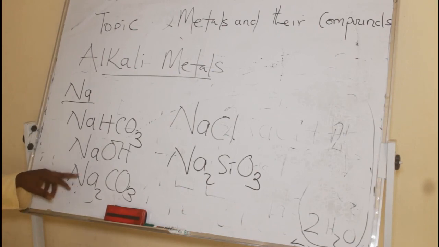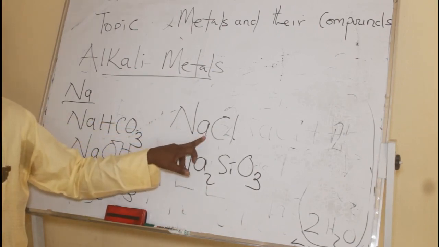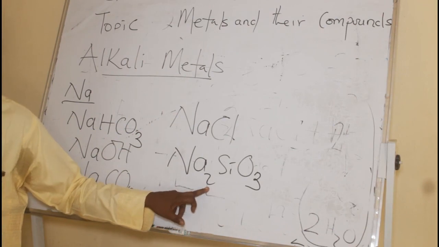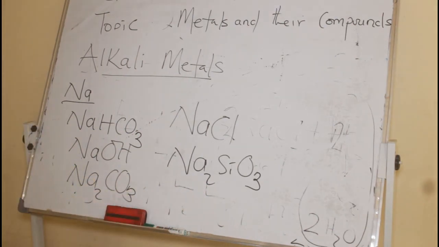This is sodium chloride, and this is sodium silicate, or disodium trioxosilicate IV. So these are their chemical formulae and their common names. There are more than hundreds of compounds of sodium. They are innumerable, but these are the common ones that at our level we'll be dealing with.